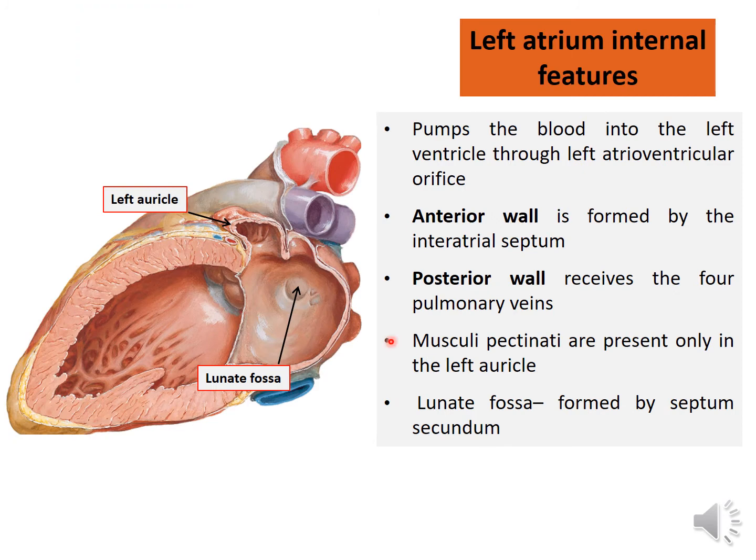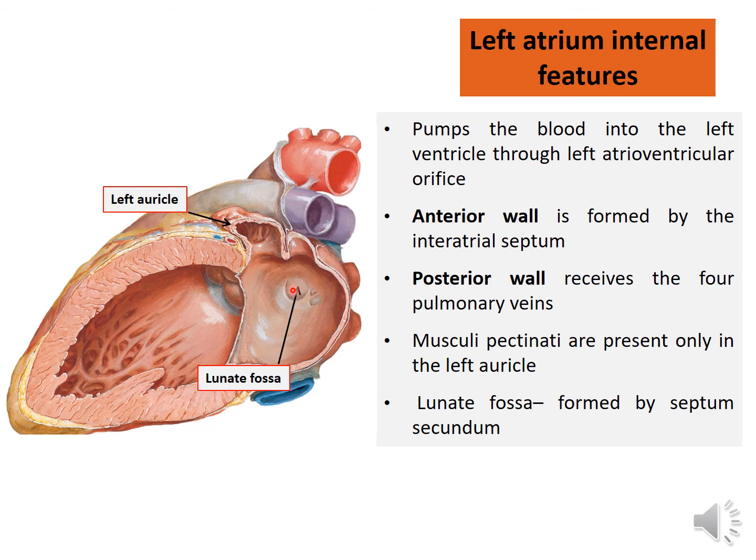Left atrium, briefly, it pumps the blood into left ventricle through the left atrioventricular orifice, which is guarded by the mitral valve. As you know, the left atrium presents anterior wall which is formed by the interatrial septum.